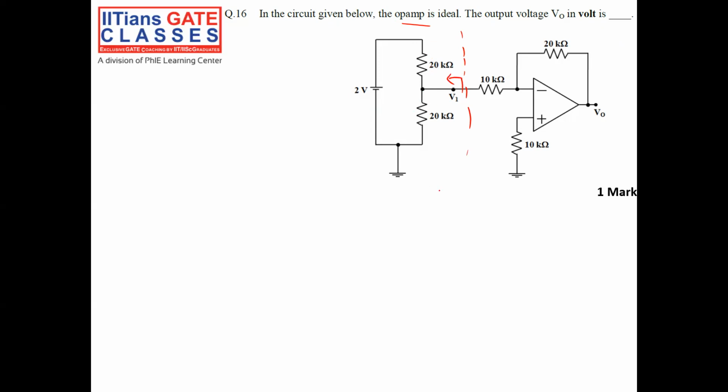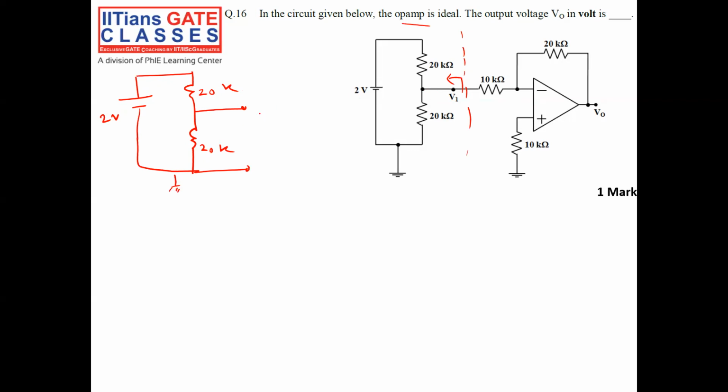If I look into the left side, what I have is 2 volt, 20k, this is 20k. I want my Thevenin equivalent at this terminal.